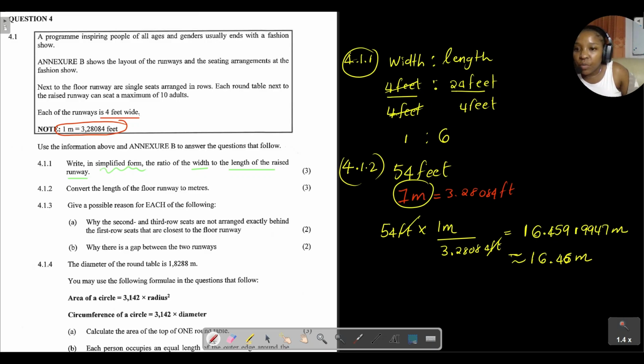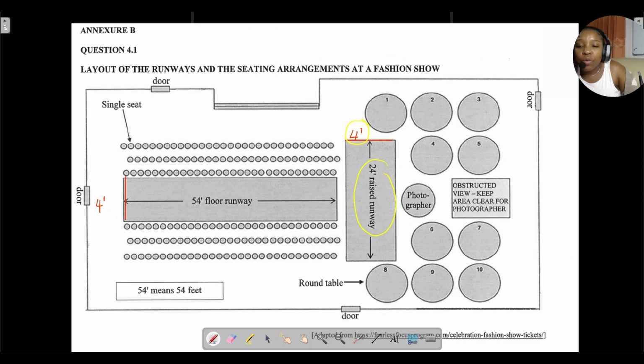Question 4.1.3: give a possible reason for each of the following. Why the second and third row seats are not arranged exactly behind the first row seats that are closest to the floor runway. Let's see the floor runway.